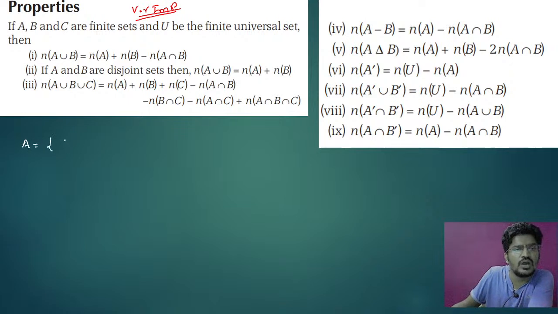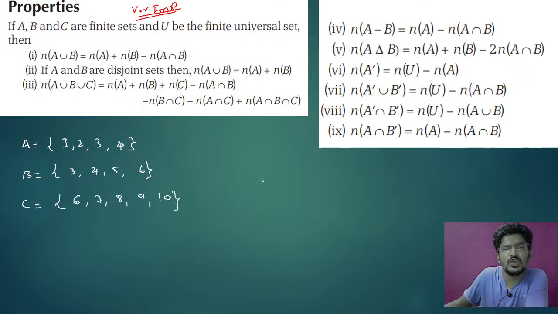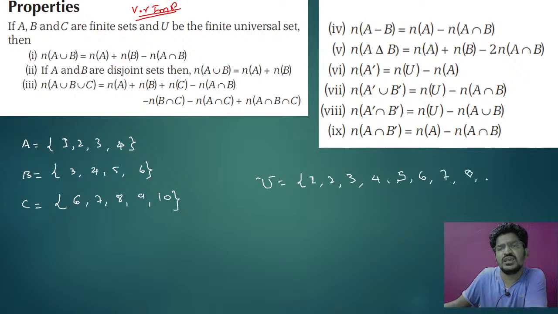A equal to {1, 2, 3, 4}. B equal to {3, 4, 5, 6}. C equal to {6, 7, 8, 9, 10}. And I will write the universal set U as {1, 2, 3, 4, 5, 6, 7, 8, 9, 10}.